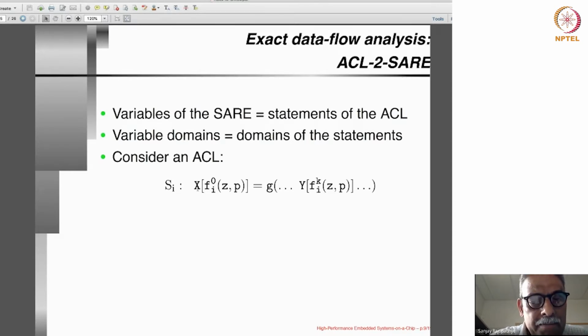Okay? So, but what is F I superscript 0? My convention is that in this statement, there are many references. The superscript indicates which reference in the statement. 0 and then 1, 2, k, all the way up to however many references are there on the right-hand side body of that statement.